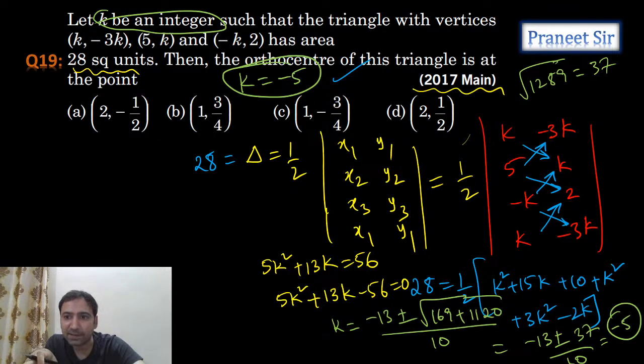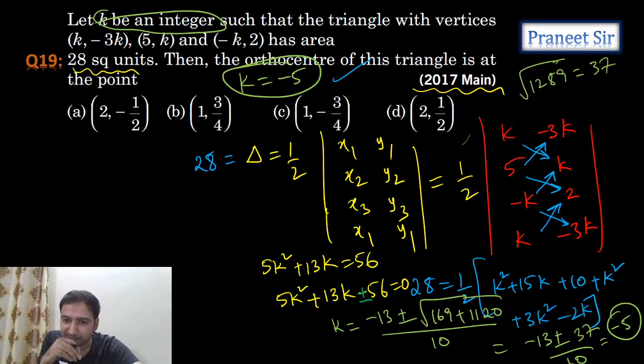10 plus k square and 3k square minus 2k, total 5k square plus 13k minus 56 is equals to plus or minus 56, actually here plus or minus 56.